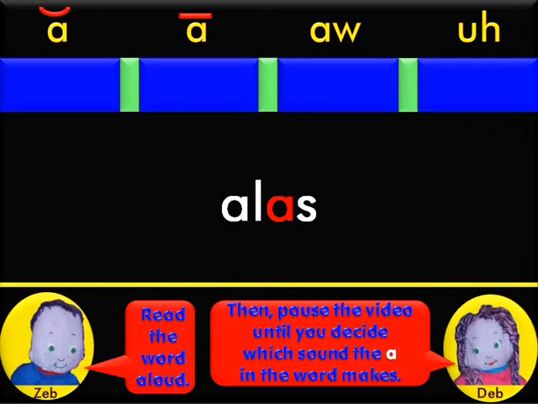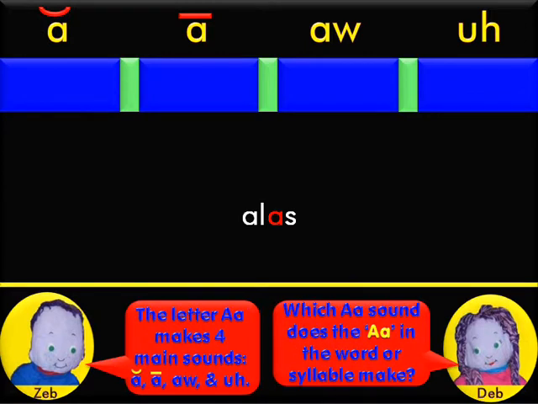Repeat after me, alas. This time we're focusing on the second A in the word, alas. Which slot does it float into? Pause the video until you figure it out. Read the word with me, alas.